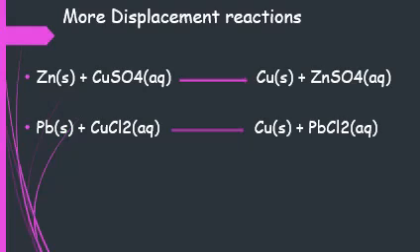If we study these reactions, then also we come to know in the first reaction, zinc is taking the place of copper, so we get ZnSO4 plus copper as products. Similarly, in the next reaction, Pb is taking the place of copper, so we get PbCl2 and Cu comes to solid state, that means Cu solid is formed. So this is how the displacement reactions take place.